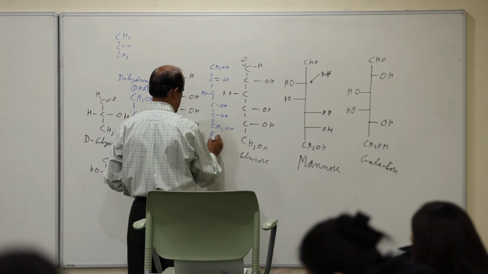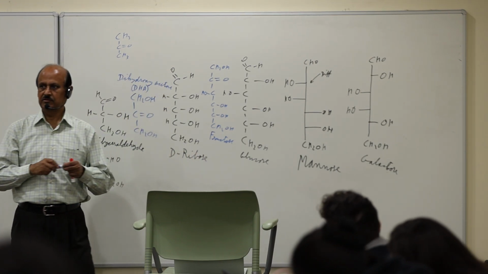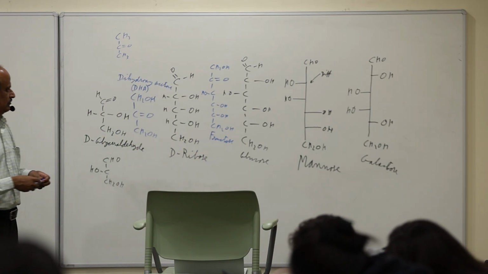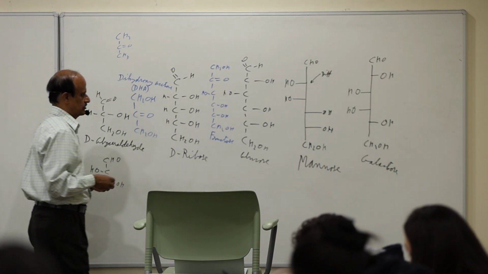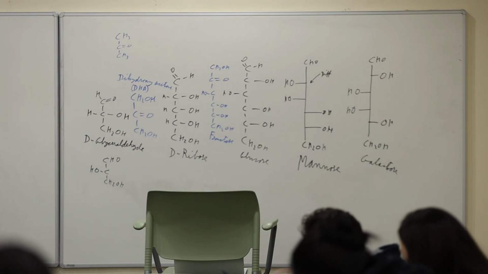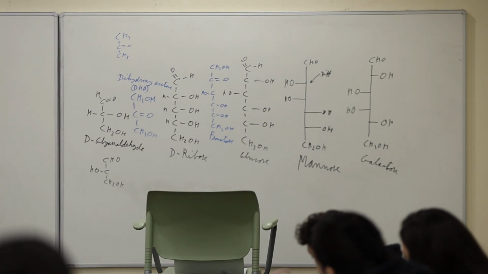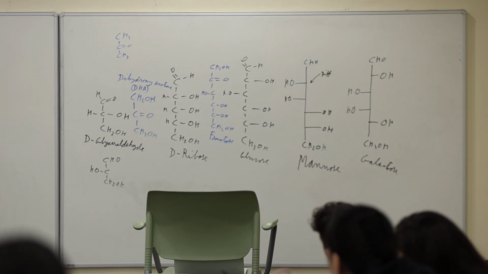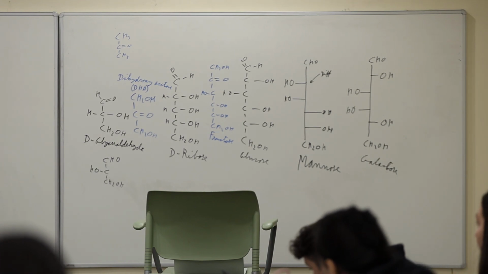So this is fructose, and once again it is D-fructose. All sugars are D. That is based on the first OH from the bottom, the first chiral center from the bottom. So this is the corresponding ketose of glucose, and that's the only one you need to know. You don't need to know any other ketose. Fructose is the most common one.